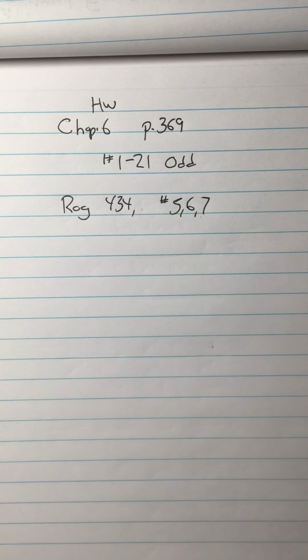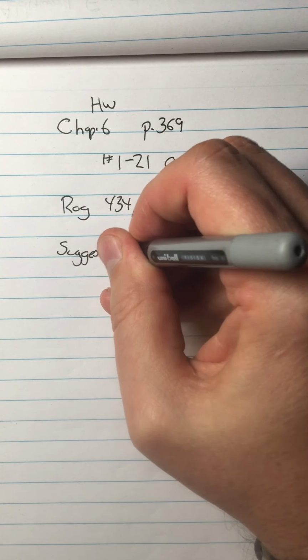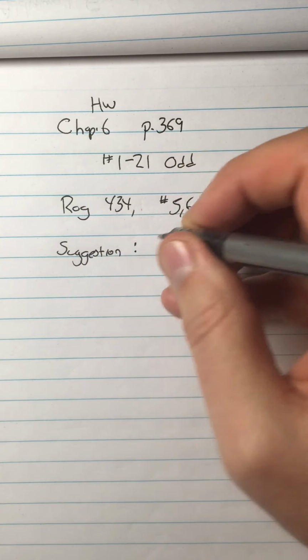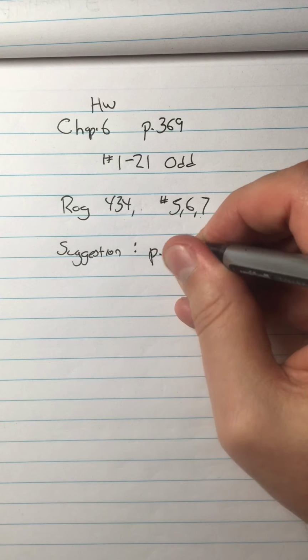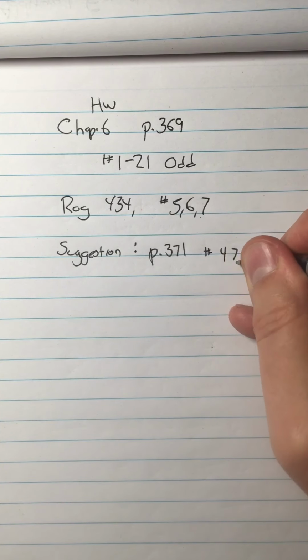So you should be aware that partial fractions is a bigger rabbit hole to go down. If you want to see a little bit more of it, at least have a look. This is just a suggestion. If you want to see how this goes further, one thing to look at is page 371 of your textbook. Just look at number 47 and 48.